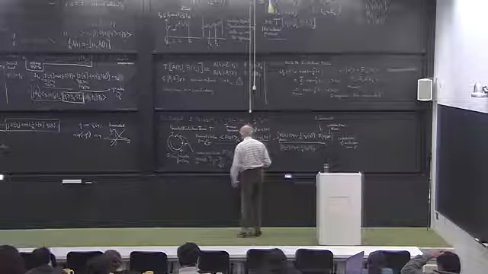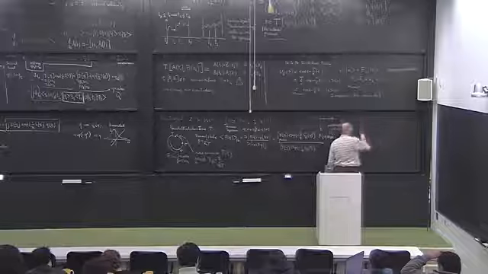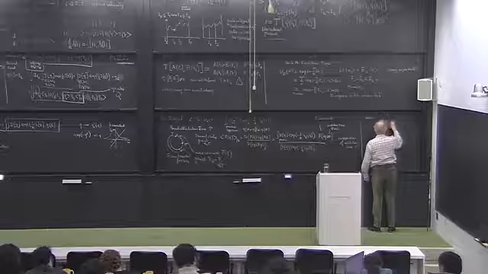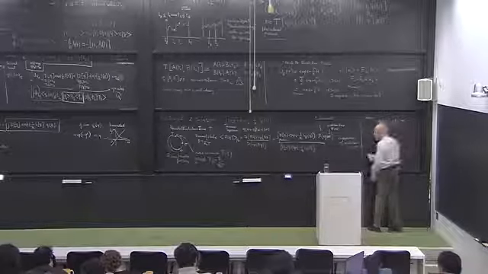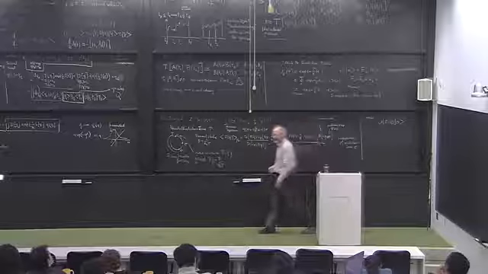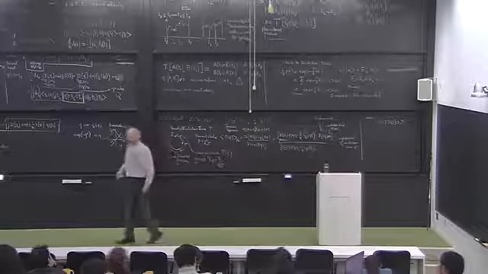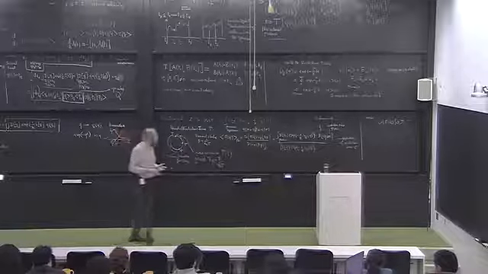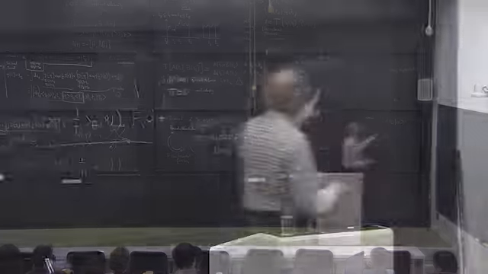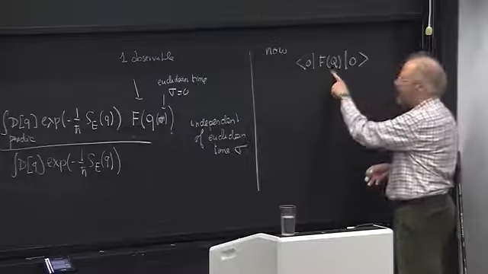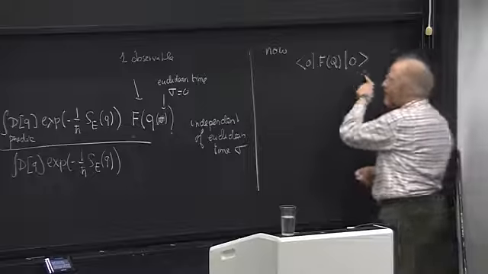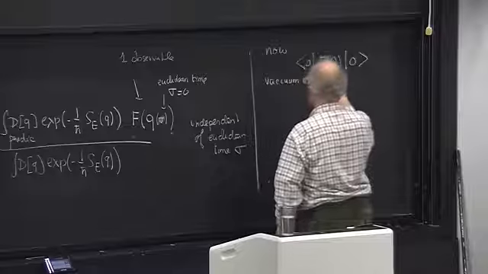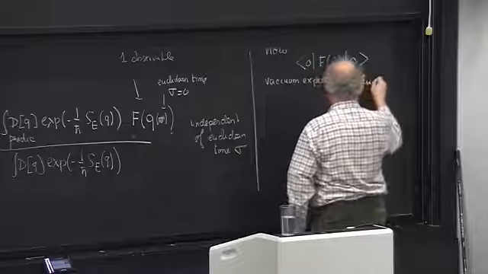Okay, and so you see that if we want to compute the ground state matrix element of this observable f of q, so we want to compute the expectation value of the observable f of q, where q now is a quantum operator, on the ground state, this is a vacuum expectation value.